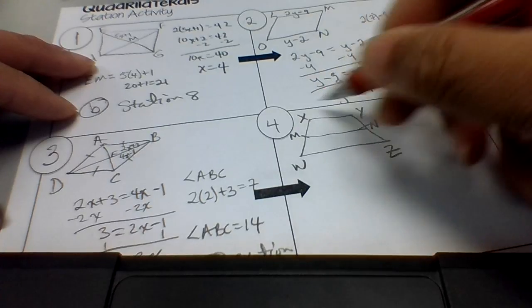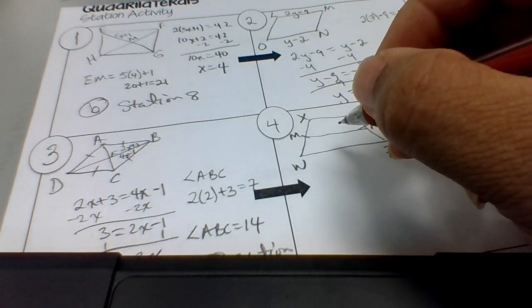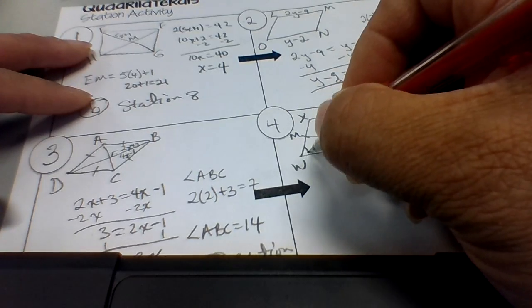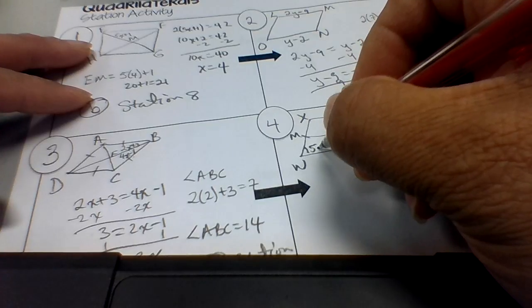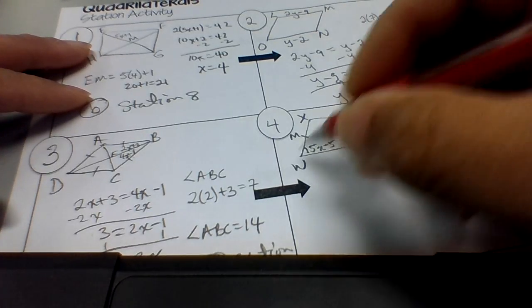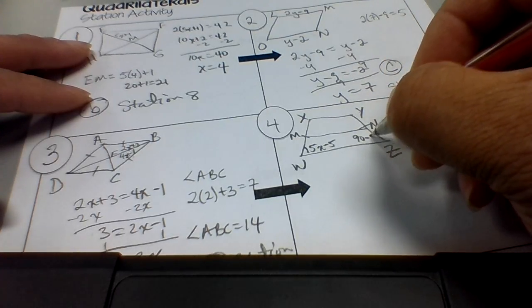All right, so WXYZ. Okay. So this is 15x minus 5, and WZN is 90 minus 4x.